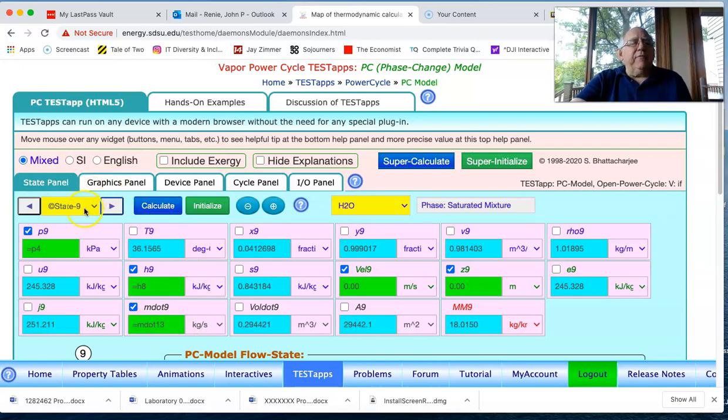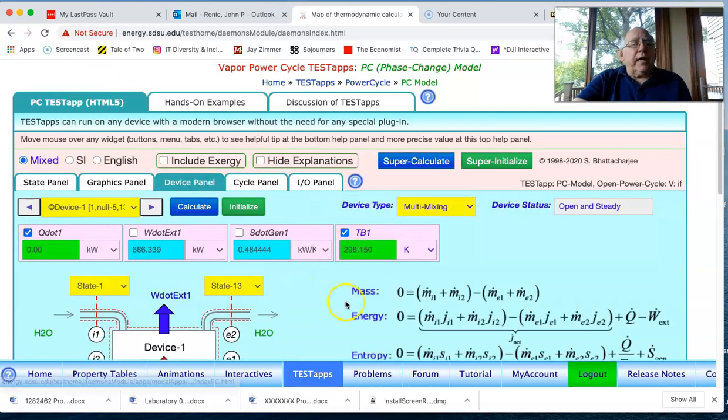And so now we have 9 that's going to go into the condenser, as well as 5, which is coming out of the low pressure turbine, and that's all forming to become 6, which is the output of the condenser. So now we've got all the states identified, and so now it's time to go and take a look at the device panels.